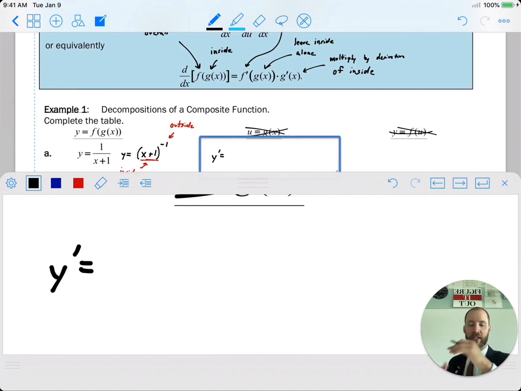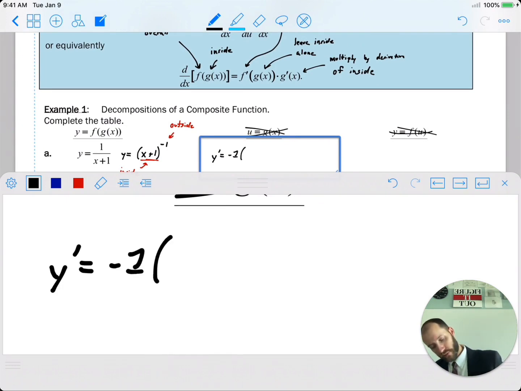So outside is all to the power of negative 1. So bring that negative 1 down. And power rule, decrease the exponent by 1. So now negative 1, decrease by 1. Now to the negative 2. Then leave the inside alone.